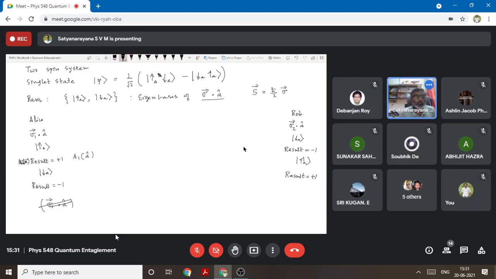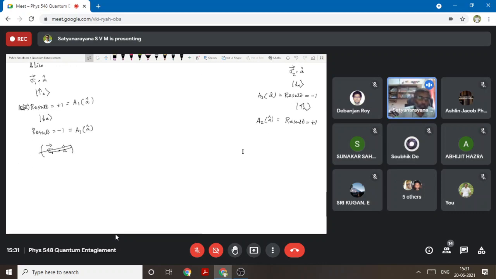In this case A1 of A cap is equal to plus 1, and in this case A1 of A cap is equal to minus 1. Here I will call it A2 of A cap, equal to this, and in this case A2 of A cap is equal to this.